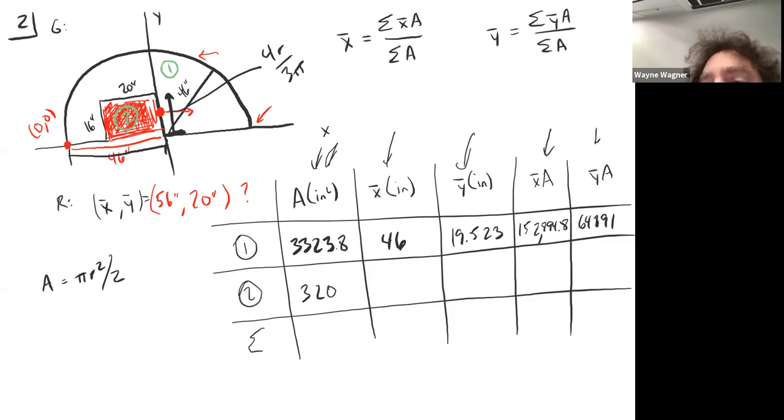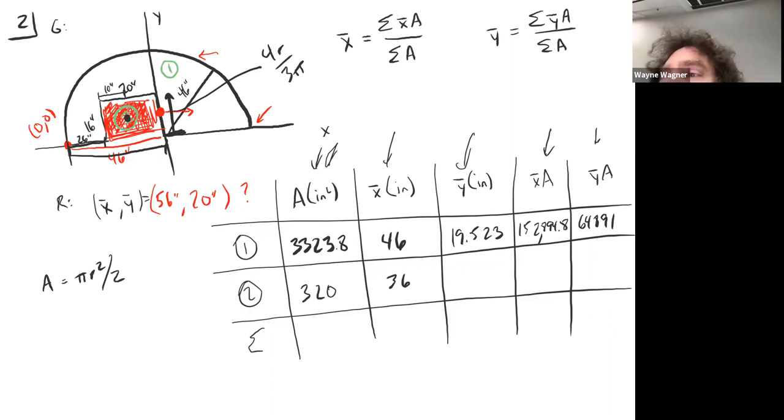And then the X bar, well, we have to figure out where that is. Here's the center of this sucker. So we know it's going to be 10 here. And then we need to know what this distance is, which looks like it's 46 minus 20. So that's going to be 26 inches. So this is 36.